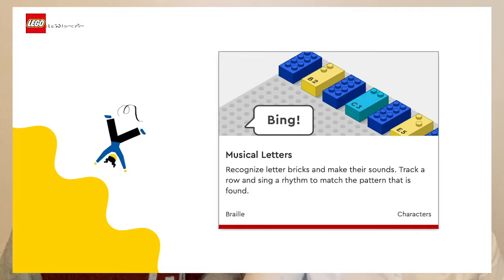Okay, so musical letters. It is to recognize letter bricks and make their sound, track a row and sing a rhythm to match the pattern that is found. We are starting tracking rows, and tracking skills are very important in the Braille reading process.